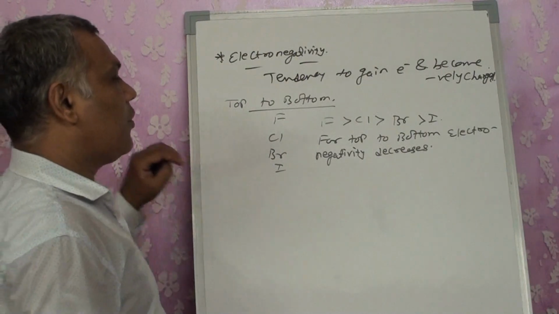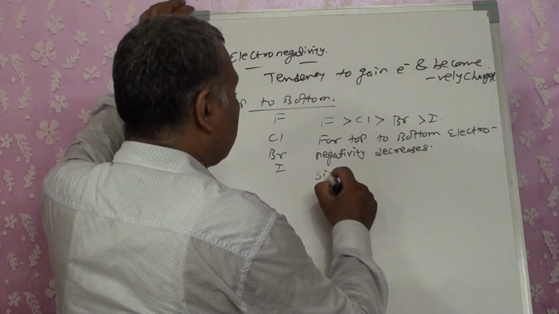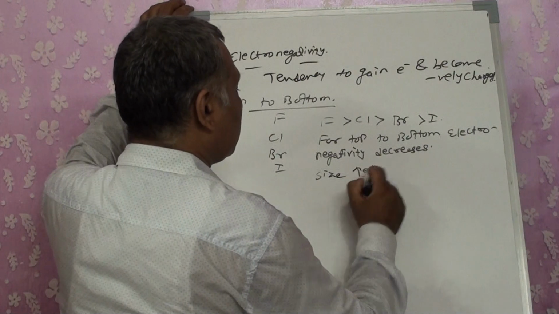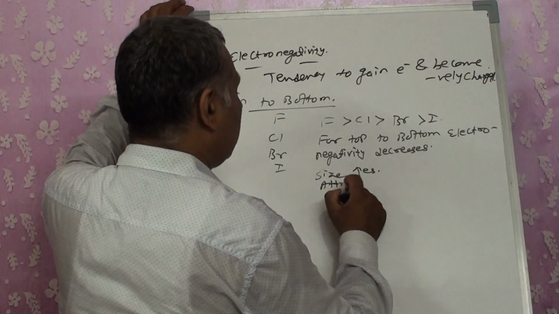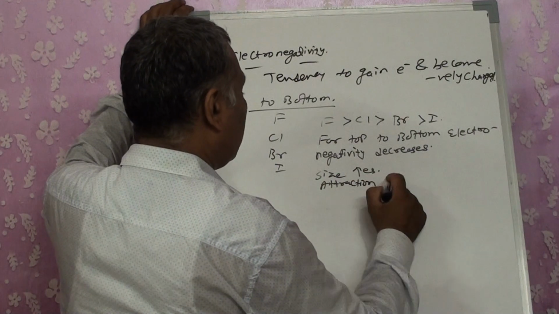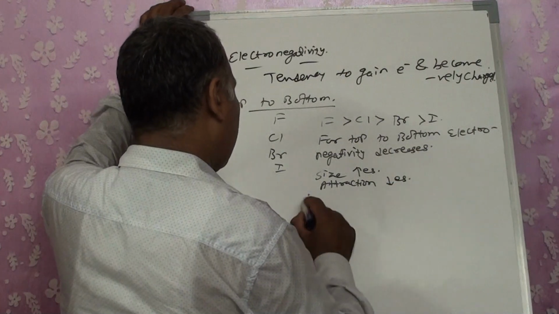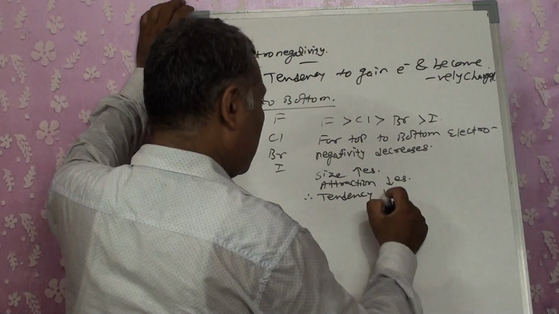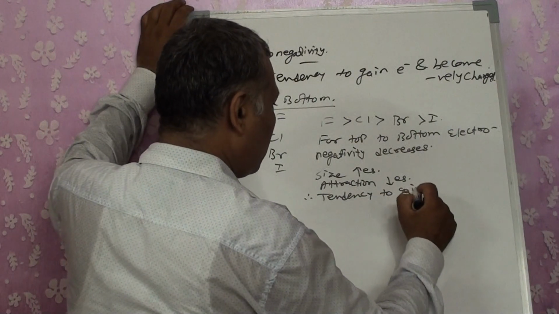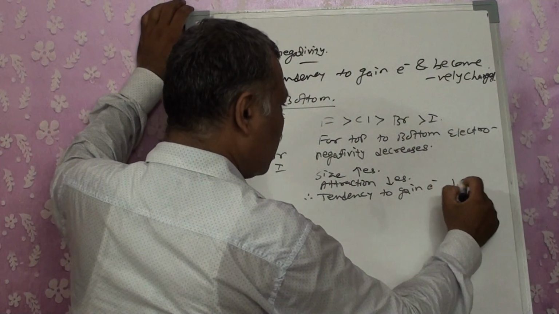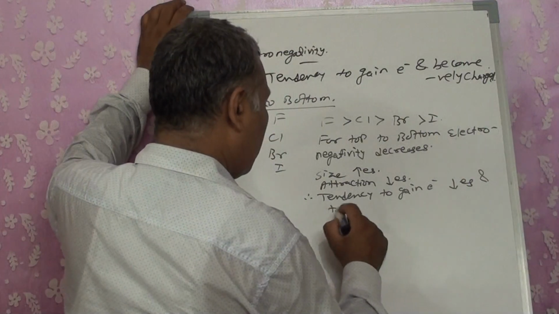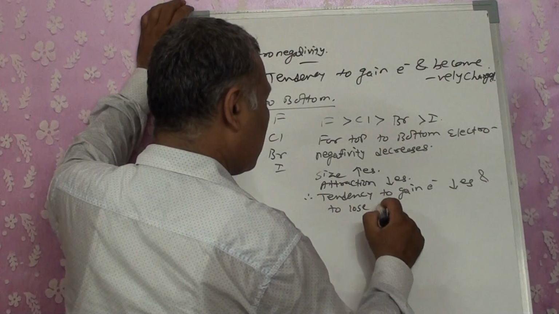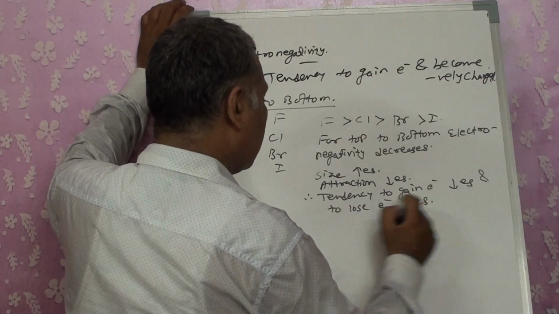So, because size increases, attraction decreases. Therefore, the tendency to gain electrons decreases and the tendency to lose electrons increases.